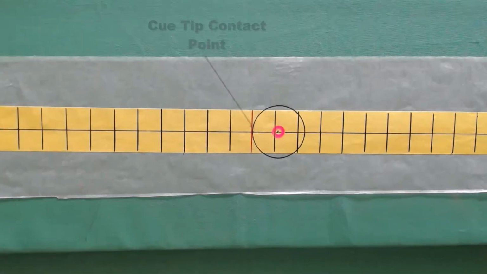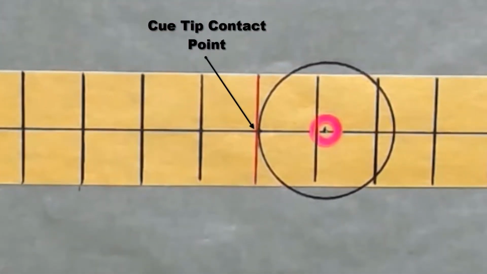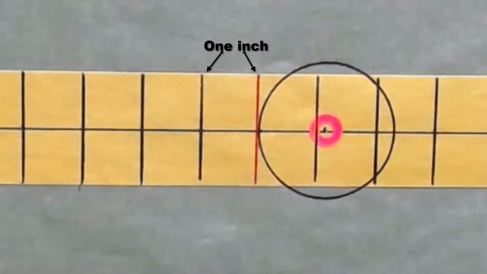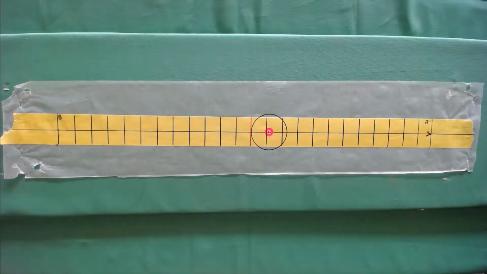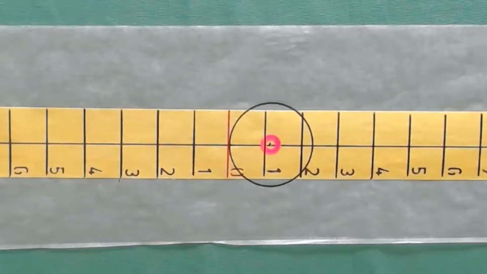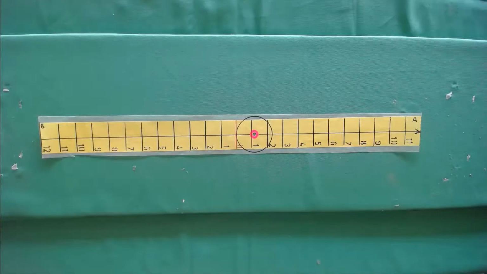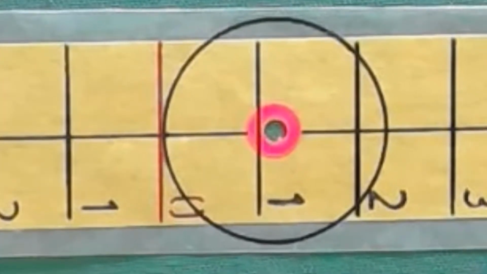The Q-tip contact point will be where the circle overlaps the shot line on the side opposite the arrowhead. From the contact point, mark 1-inch increments in both directions. Label the contact point 0 and the increments 1 through 11. Trim the template to size and punch a hole in the center of the reinforcement.